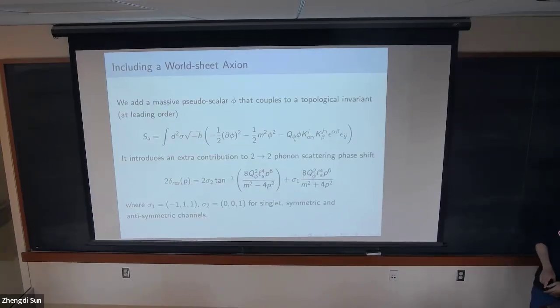So to remedy this, in the effective string theory we need to add a massive pseudoscalar to the effective string action, and it should couple to the Goldstone bosons in the following way, so that it preserves the Poincare symmetry. So here we have added this topological coupling between phi, the pseudoscalar, and the Goldstone bosons, via the extrinsic curvature.